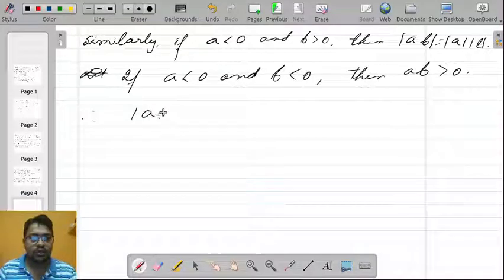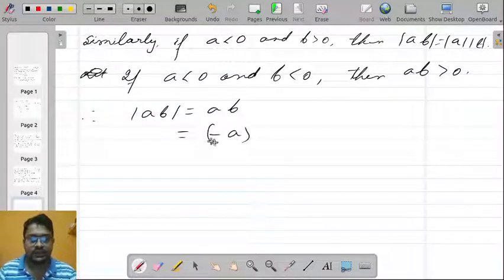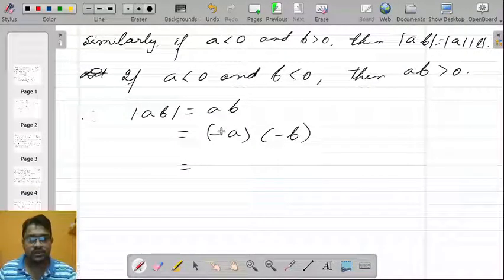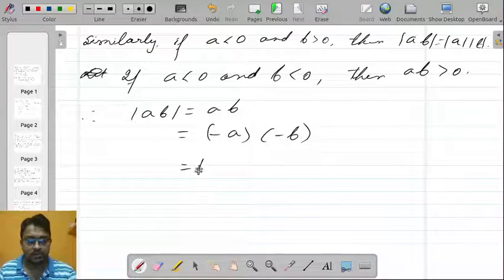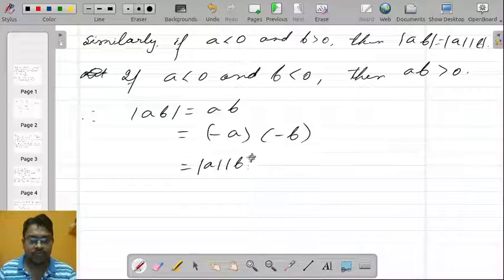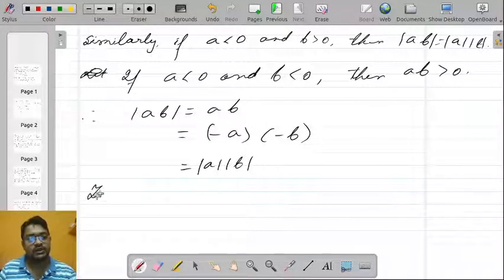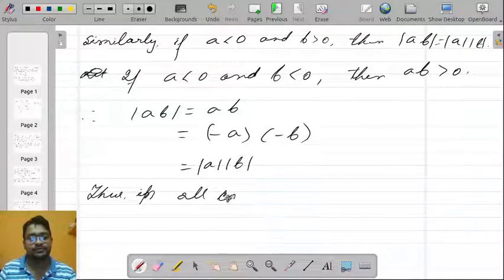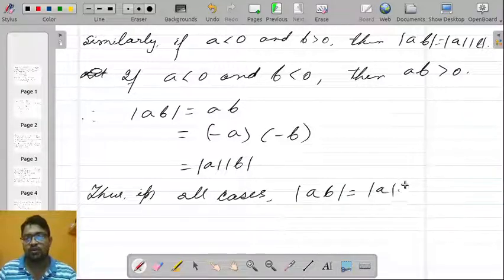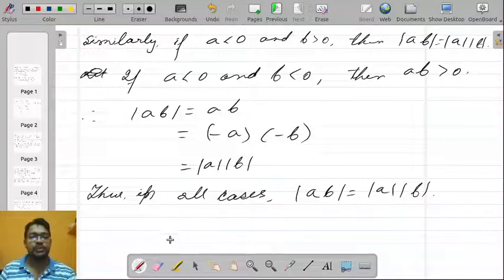Therefore, mod of ab is equal to ab only. But I can write this as minus a into minus b, by field properties. This minus a can be written as mod a and minus b can be written as mod b because a and b are less than 0. So thus in all cases, mod of ab is the same as mod a multiplied with mod b. Both are equal.